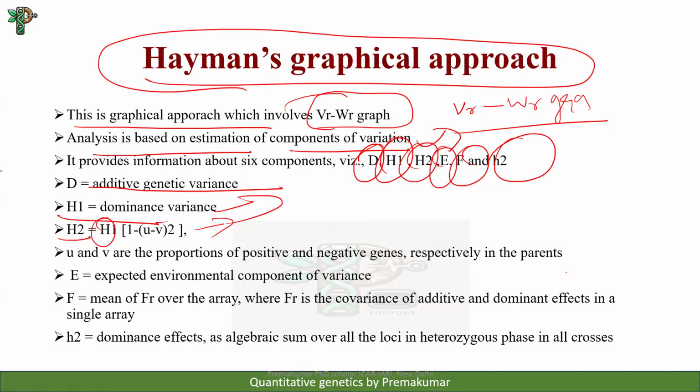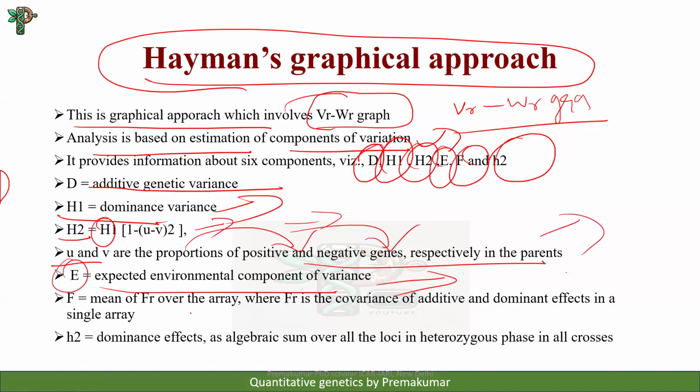This H2 component tells about the symmetry of the genes. The other components are U and V, which explain the proportion of positive alleles and the proportion of negative alleles in the parents. Then E is the expected environmental component, and F is the covariance over the arrays.